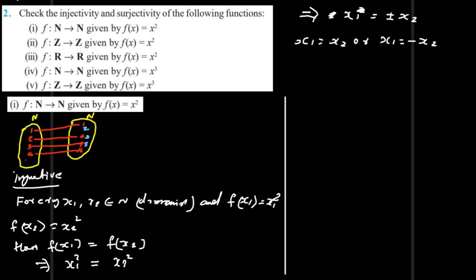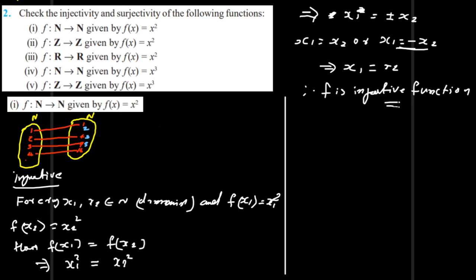But you check that x1 and x2 belong to N, natural numbers only, so we can't take x1 equal to minus x2. So only we can take x1 equal to x2. Therefore f is an injective function. This way you can show.